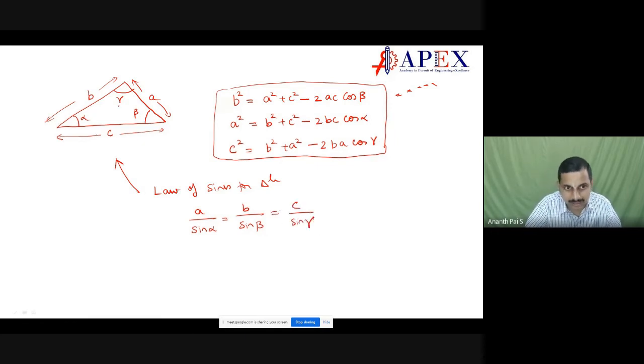Very important. Opposite angles: the opposite angle to A is alpha, the opposite angle to B is beta, the opposite angle to C is gamma. Observe that. This you know, students, you have done in PUC, but you might have forgotten. That's it.